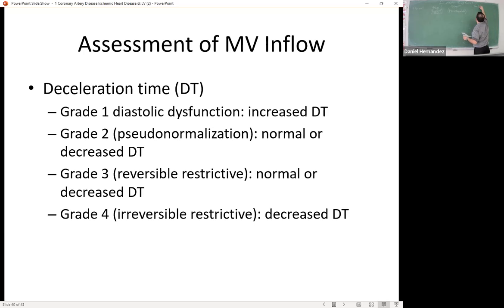Stage 3 is called a reversible restrictive filling pattern. Stage 4 is irreversible restrictive. Both are considered restrictive filling patterns.